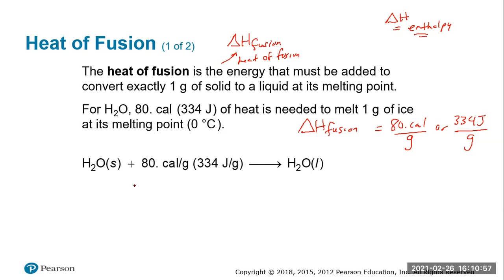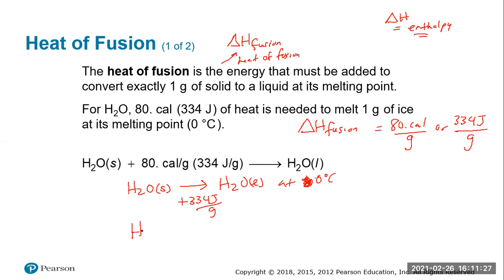So we've been talking about the idea of the sign and endothermic and exothermic. If we were going to take water in the solid state to water in the liquid state at 0 degrees Celsius, that would require a positive 334 joules per gram. Again, endothermic, got to put the heat and energy in.